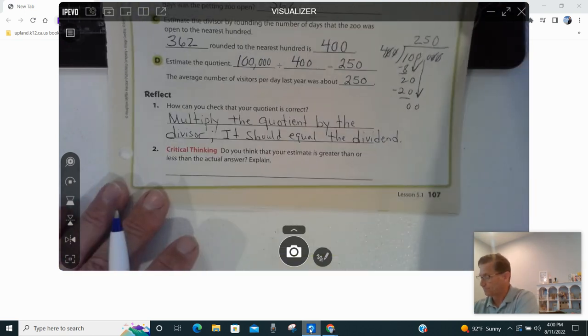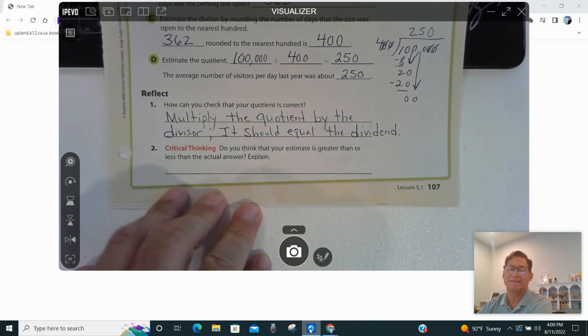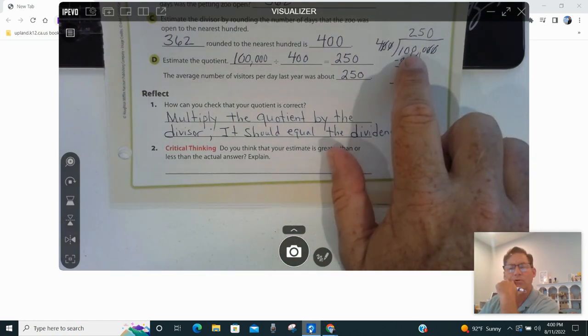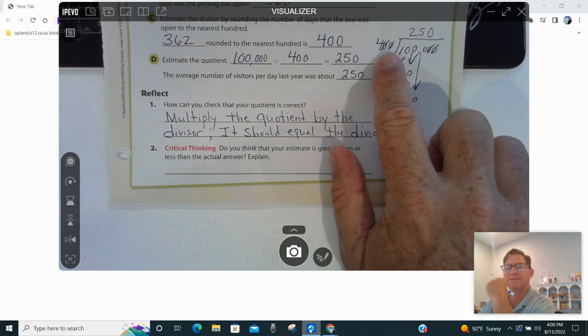Do you think that your estimate is greater than or less than the actual answer? So let's see. We rounded the real number up. We rounded the divisor up.